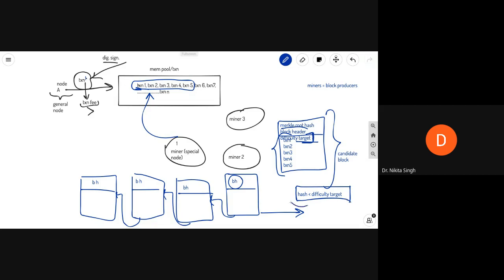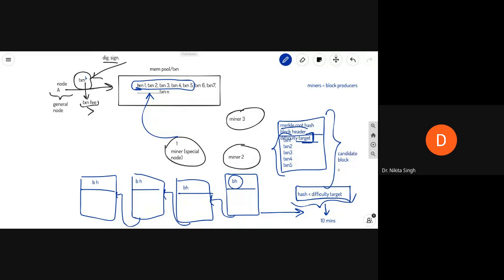When you perform this computation, this cryptographic hash function, it will take around 10 minutes to solve this. And this 10 minutes is also known as the block generation time. That is the difference between two blocks that are generated.